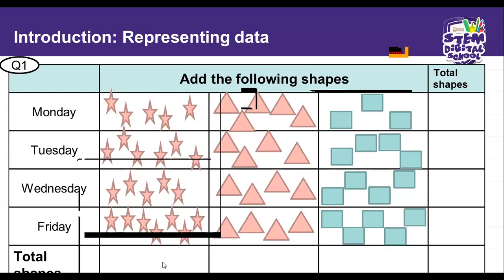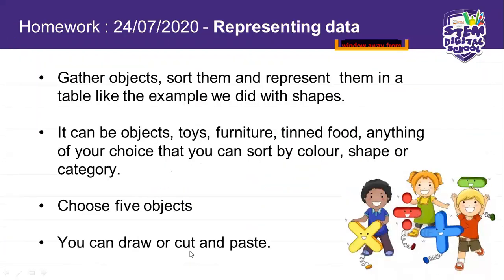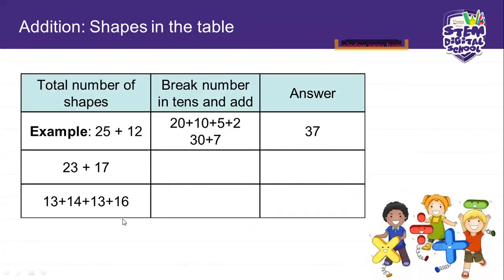Okay. I want us to do this as part of homework. You can take a snapshot, a screenshot. So here we've got an example where we've got 25 plus 12.